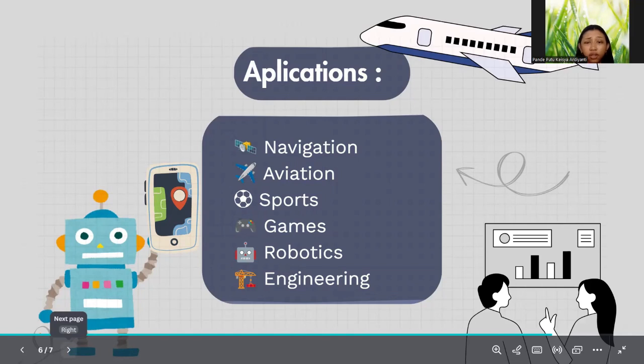Okay, now, what are the uses of vectors in our daily life? Vectors are not only studied in mathematics classes, but are also used in many fields. In navigation systems such as GPS, vectors help determine the correct direction to reach a destination.